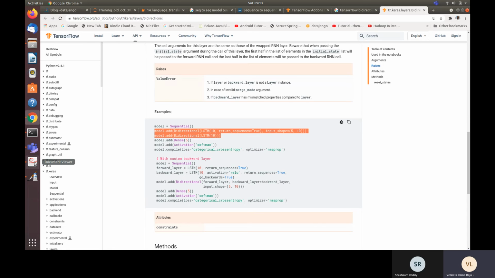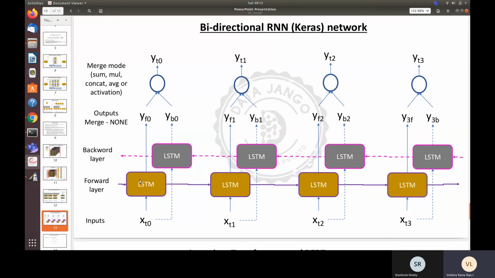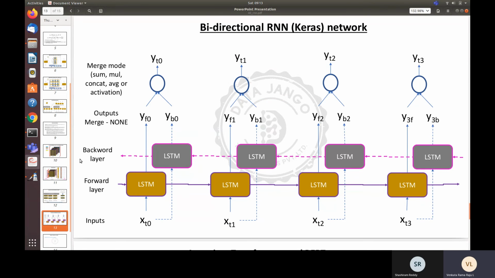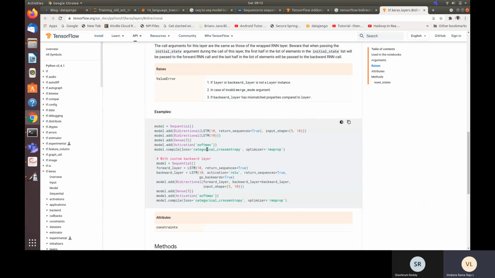I am showing 1 layer here, 2 LSTMs here, in that example. And then the last layer is a dense layer. After the outcome is merged, they took a dense layer, and categorical cross entropy, the activation function, the dense and activation. This is all the same.